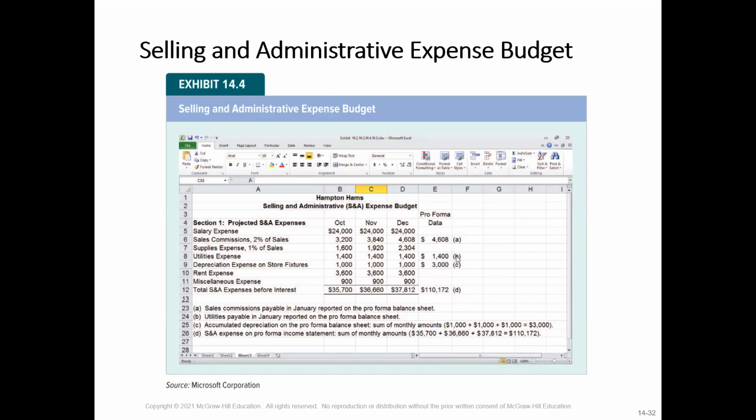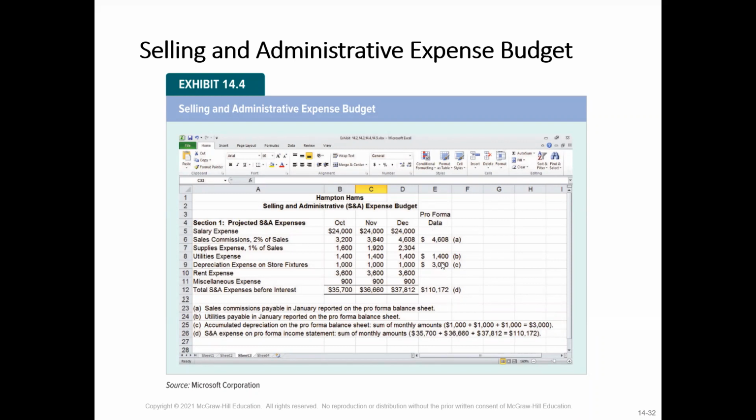our expenses. So we would have our salaries expense. Salaries expense is not only the total of our 3 months of salaries. We also had some other items happening in here.